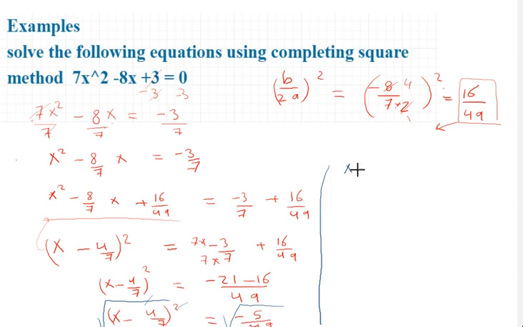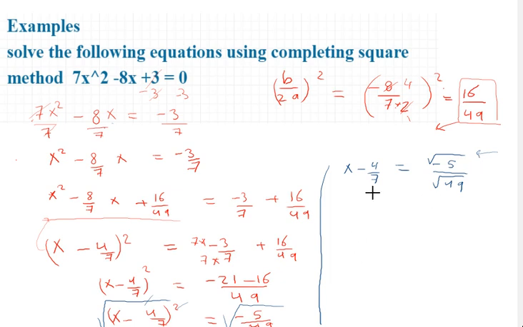We have now (x - 4)/7 equals the square root of minus 5 over the square root of 49. We have an unreal number here, which is minus.